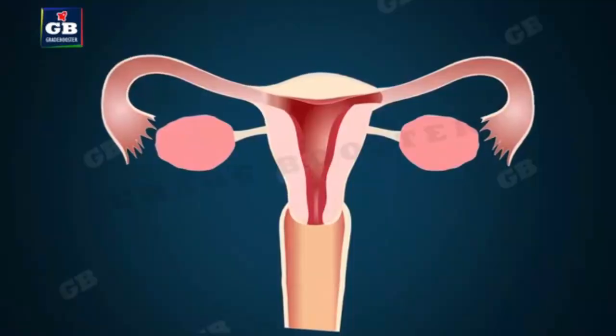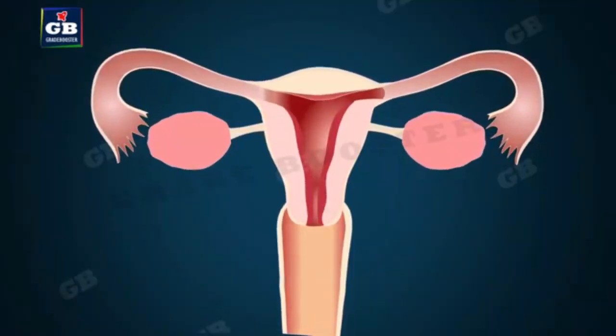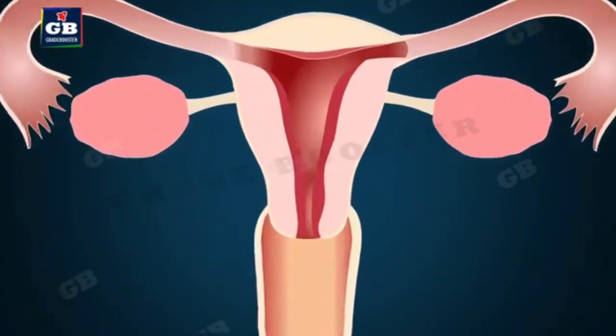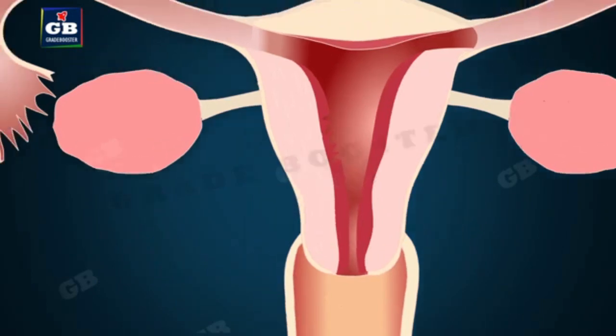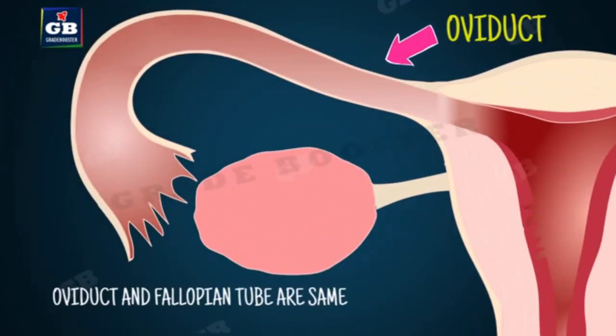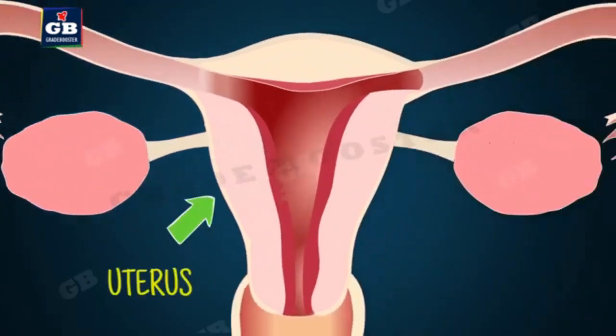Bye children. Let's see the different parts of the female reproductive system. Ovaries. There are a pair of ovaries in the female reproductive system that contain the premature egg cells. Oviducts. There are two oviducts which unite into an elastic bag-like structure known as uterus. Uterus.